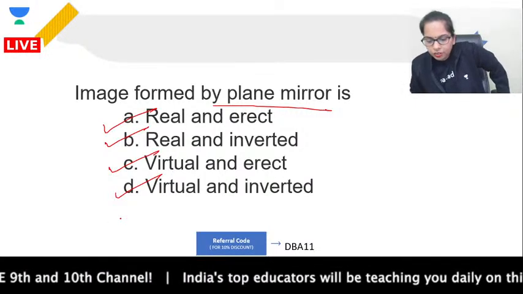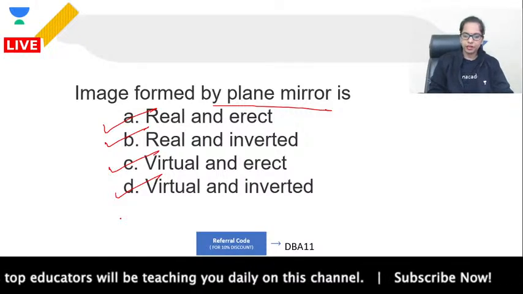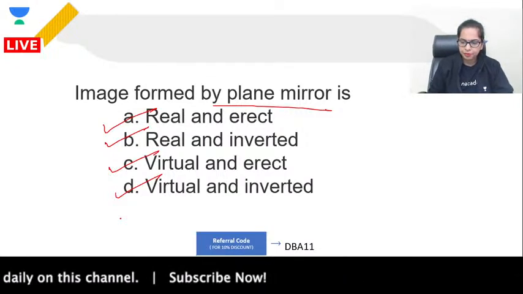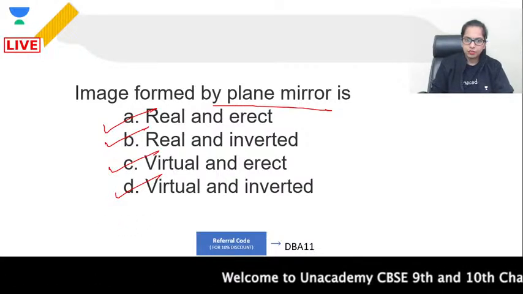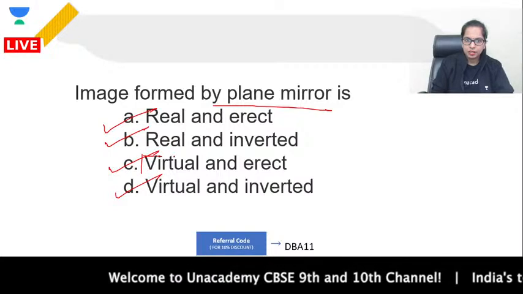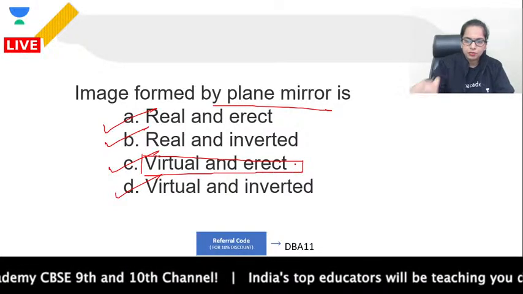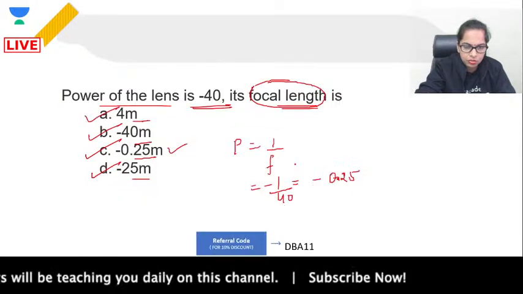Yes, minus 0.25 centimeters is right. I told you, minus 0.25 meters is right. Yes, right. Virtual and erect should be the right answer. Okay? Wait a minute. Previous question, was there any problem with the options?